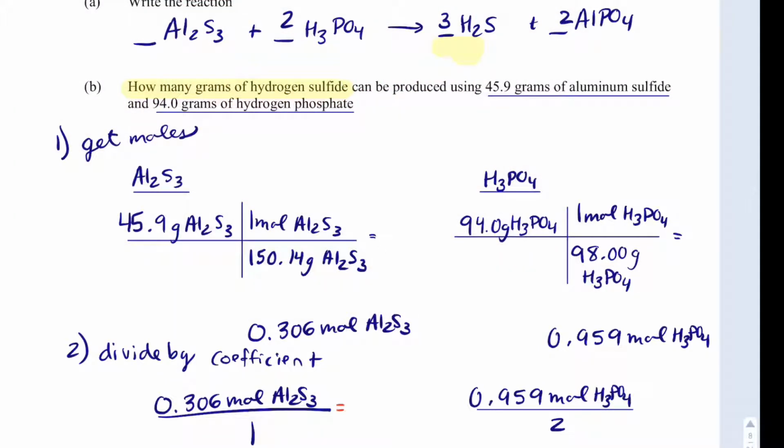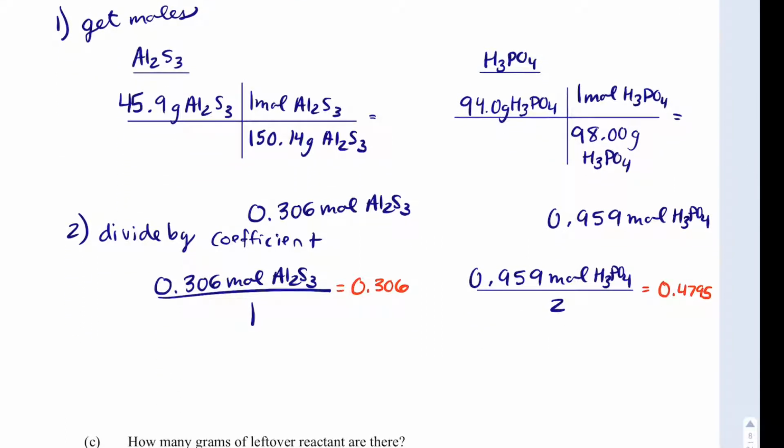And what I end up with is 0.306 and 0.4795. Because aluminum sulfide is less, I know Al2S3 is going to run out first, and that is called my limiting reactant. And then H3PO4 is actually going to be my excess reactant, so I'll still have some of that left over.